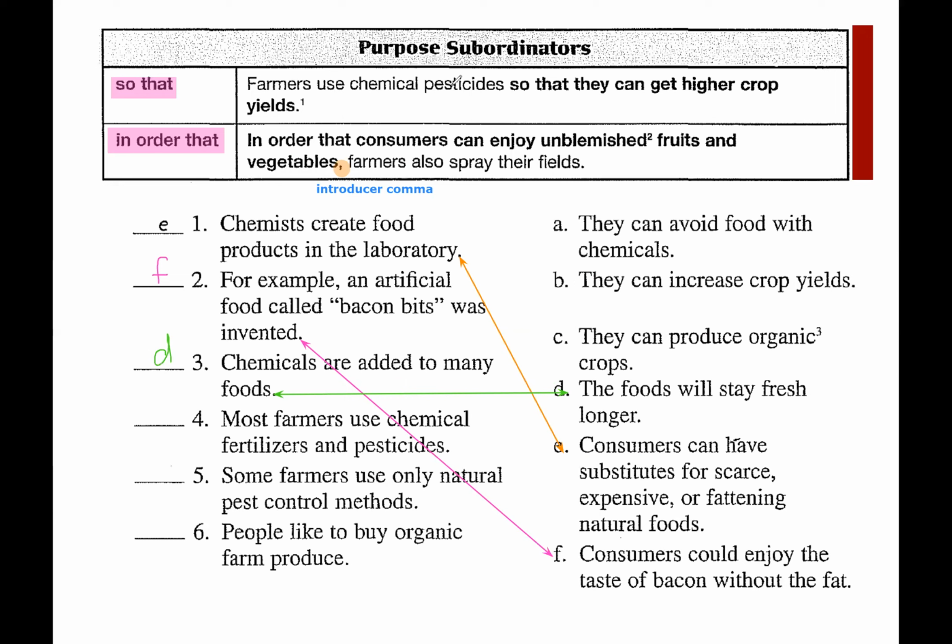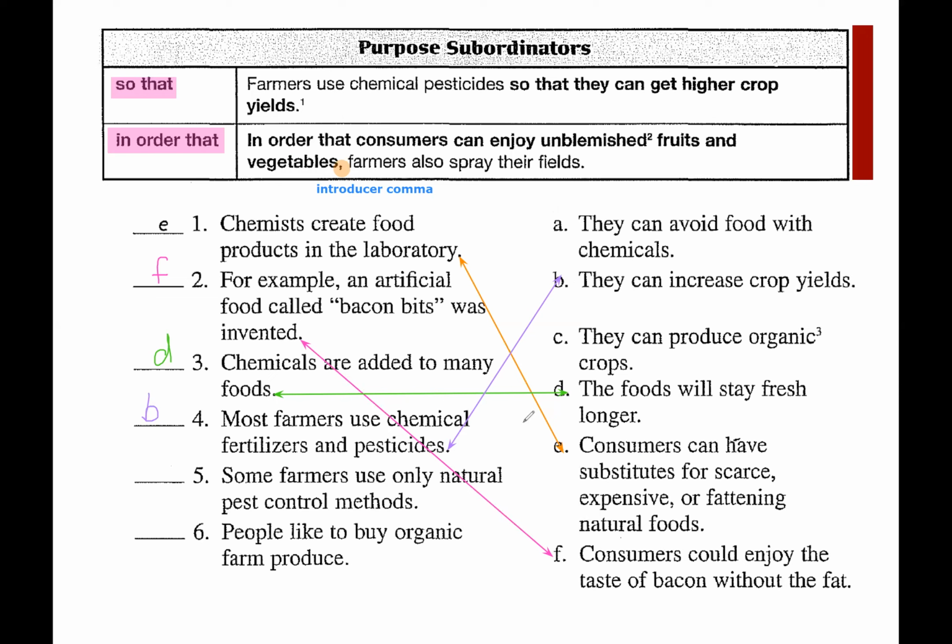Number four. Most farmers use chemical fertilizers and pesticides. Why do they use that? So that insects don't come and eat their crops. They can get more crops in the end. So that is a match with B. Most farmers use chemical fertilizers and pesticides so that they can increase crop yields.